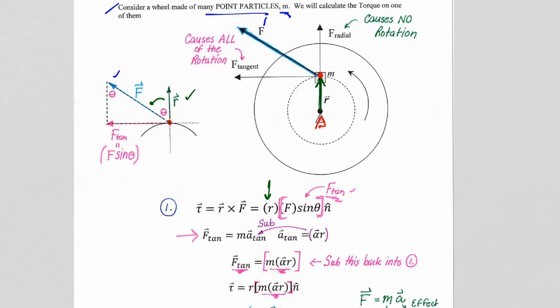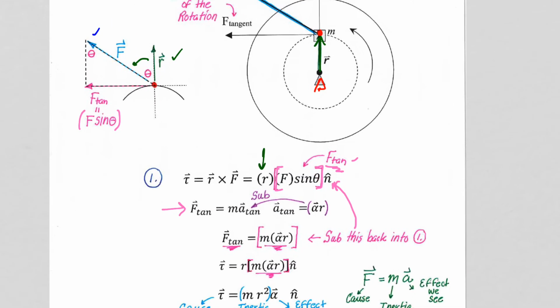So we get F tan equals m alpha r, and we substitute that back into our bracketed term in the torque equation. I hope you're following this, and that's why I had the green r. I'm tracking this green r. The F tan becomes m alpha r.